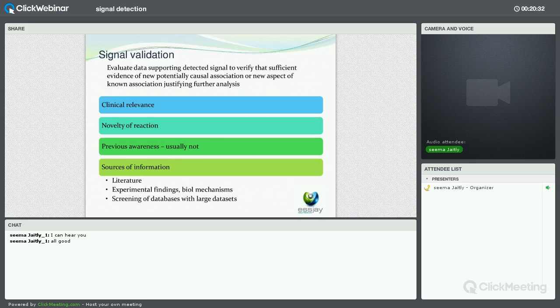So you could do a top-line literature review, look at whether there's a biological mechanism that's plausible, looking at databases and whether it's seen as a class effect, looking at your dechallenge, rechallenge, temporal association. You know, what evidence do you actually have with regards to that alert and the causal relationship with your product? And it's that validation step that is a little bit new, but does have to be documented.